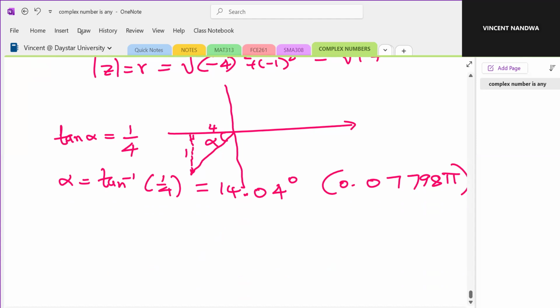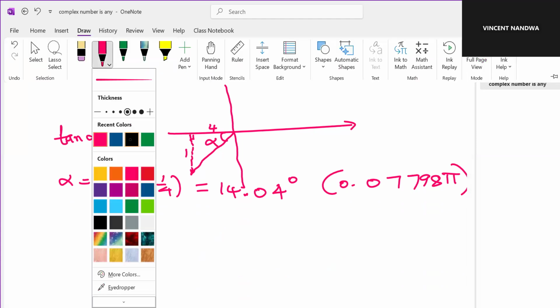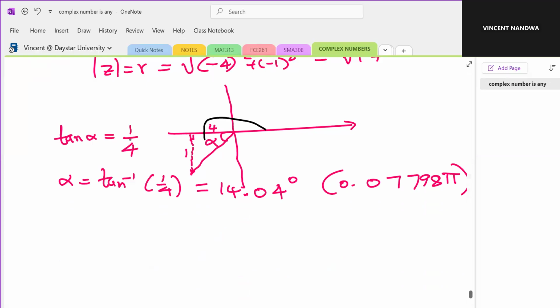So remember the argument, you can measure it either in this way or this way. If you measure it in the positive direction, then theta will be 180 degrees plus 14.04 degrees.